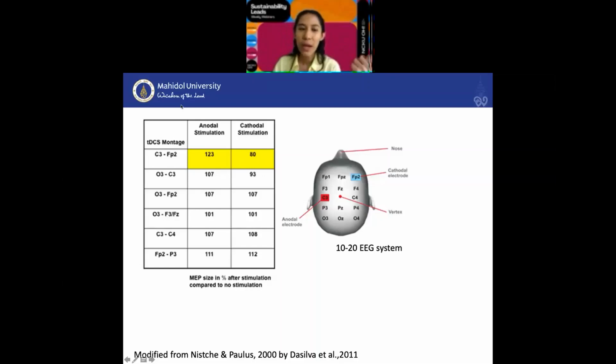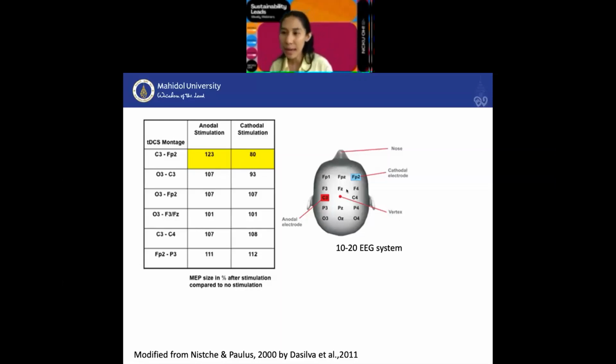If you can see C3 and FP2 here, when they put anode there, they got the greatest MEP size compared to others. Others means they tried to apply electrodes over other positions, and so on. They tried to change the position to see which one is better, and they found that this is the best positioning to change motor evoked potentials.